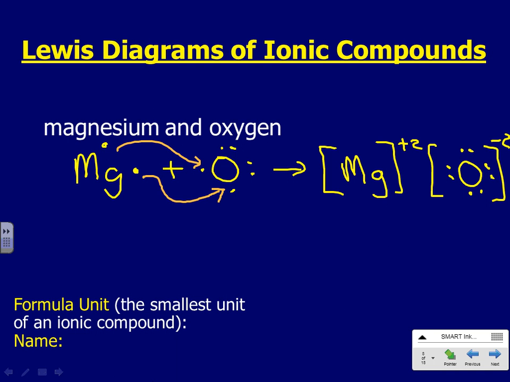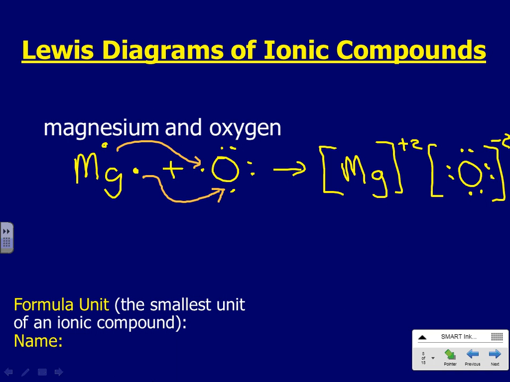But ionic compounds are different. Ionic compounds form something called a lattice structure. We'll talk about that later. And so we can't talk about ionic molecules because they're different than water. The smallest piece of an ionic compound is called a formula unit because it's the smallest piece that represents the chemical formula for that particular substance.